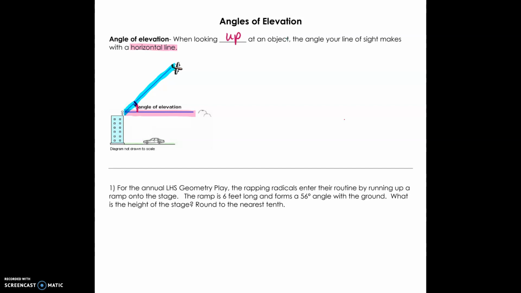As you can see, if we drop a vertical line from the airplane to the pink highlighted horizontal line, we form a right triangle. So all these problems again are going to have to do with right triangles, except we're going to have to set up the problems ourselves. So let's just note that the angle is always formed with a horizontal line.